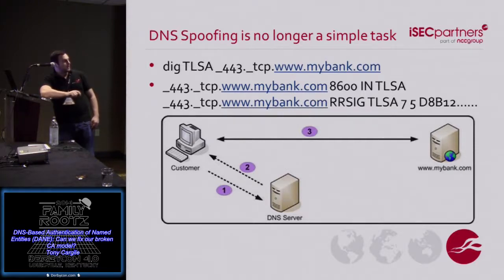So if a DANE-aware client makes a request and this server doesn't give back the exact certificate specified by this DNS server, then they know this isn't who it's supposed to be, and there's probably somebody sitting in the middle sniffing your traffic and intercepting your HTTPS requests. So this is what DANE's designed for. This is what it does well.